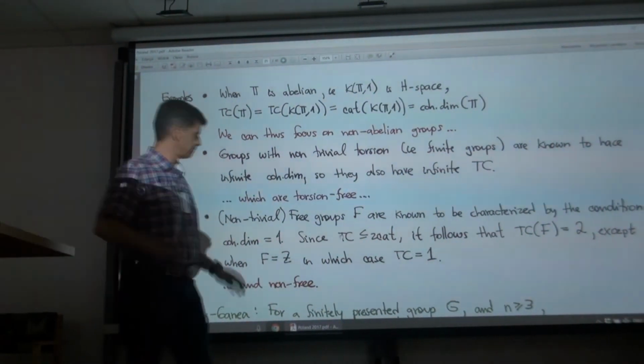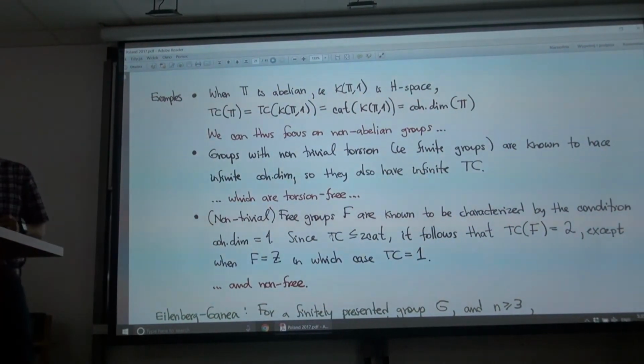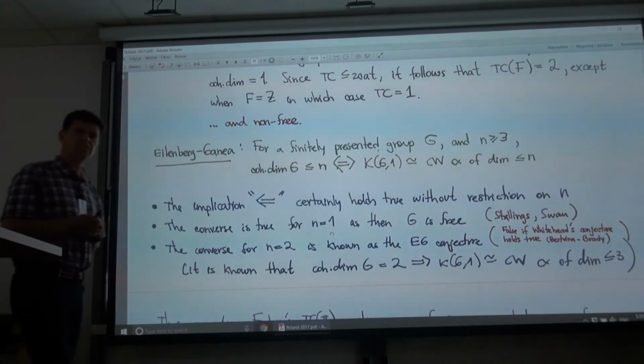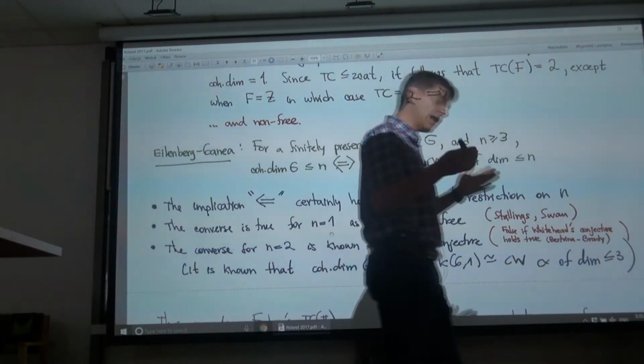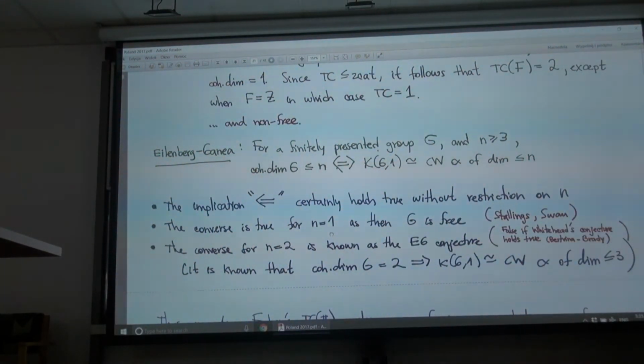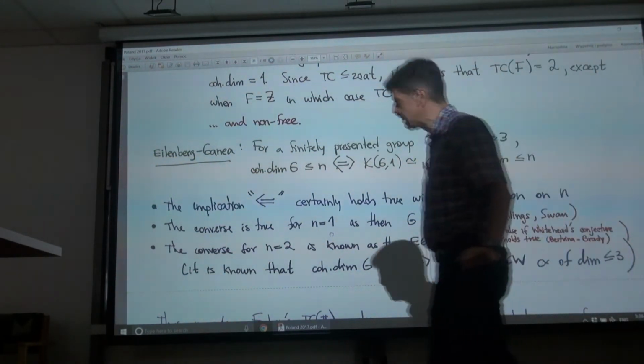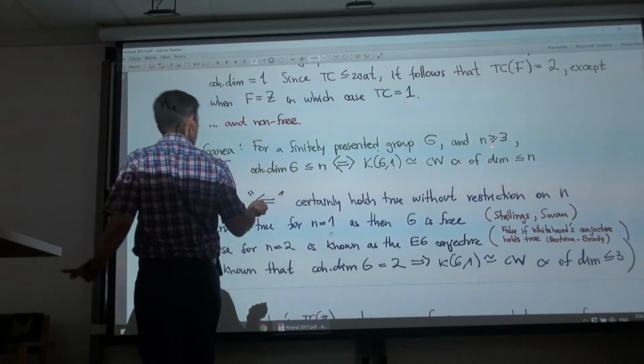So suppose it's non-free. So now, in addition, there is this very deep result of Eilenberg and Ganea that says that, say you stay with finitely presented groups, as long as n is larger than or equal to 3, the cohomological dimension is essentially the geometric dimension of the classifying space. Namely, the cohomological dimension is n if and only if this space has the homotopy type of a CW complex of dimension n, and this is true except for n equal to 2.